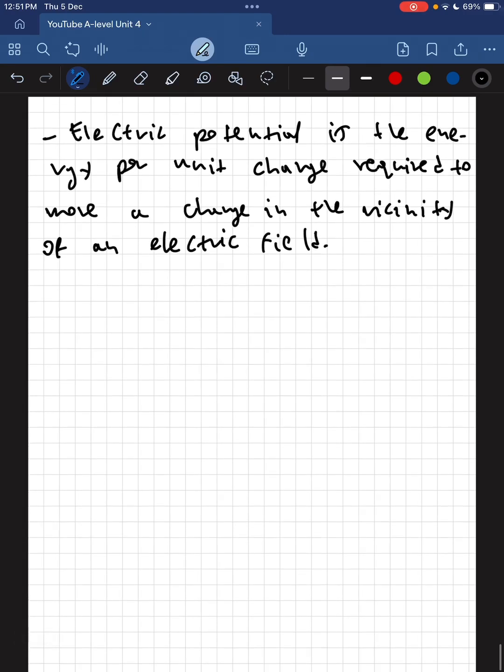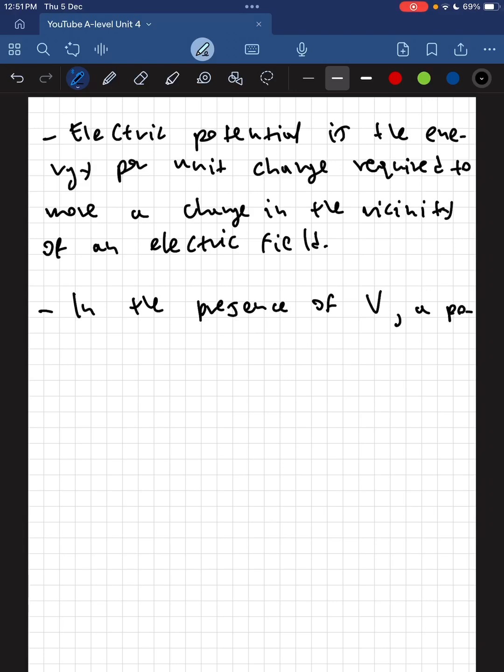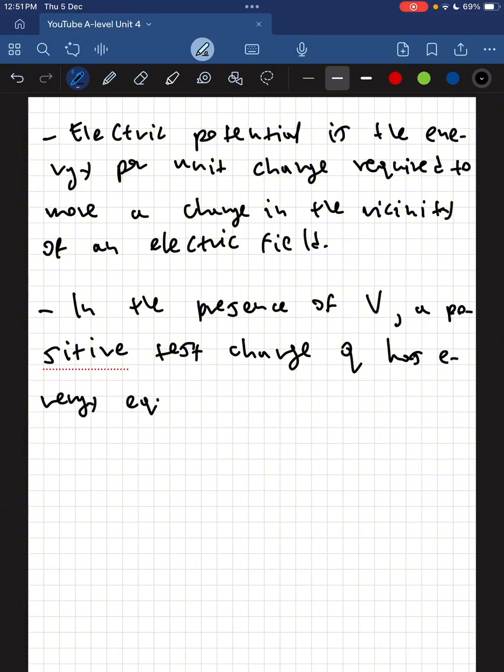Just like we did with the positive test charge in the case of the electric field, let's write down that in the presence of V, a positive test charge small q has energy E_P equal to q times V. Okay?